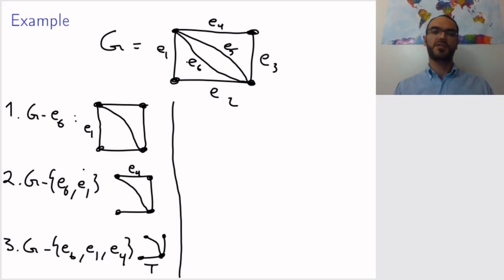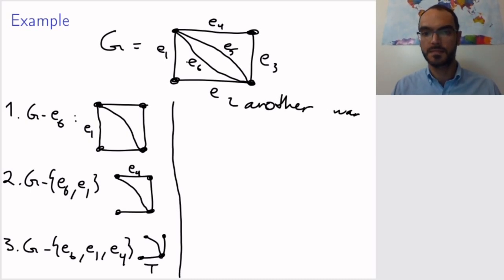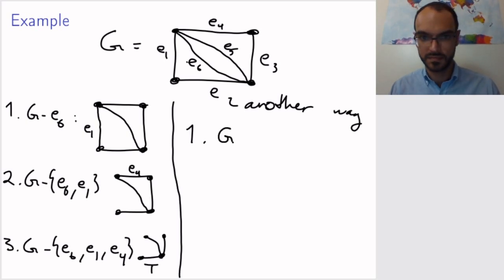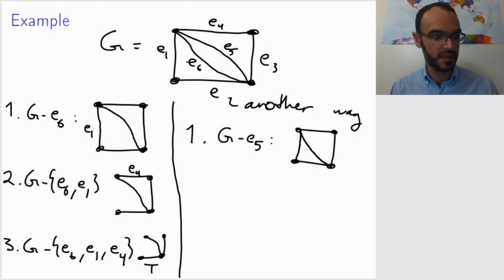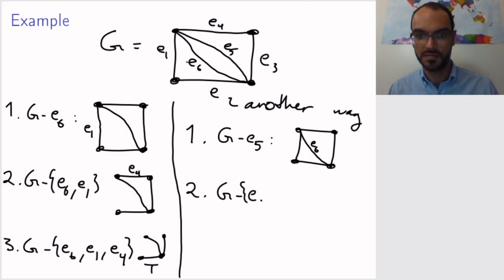Why did I choose these edges in particular? Well, there is no reason. There are many ways possibly to create a spanning tree. Another way is if in the beginning, say I remove E5, then I get something like this. Then I see that E6 is one of the edges in a cycle, so I remove E6 as well.